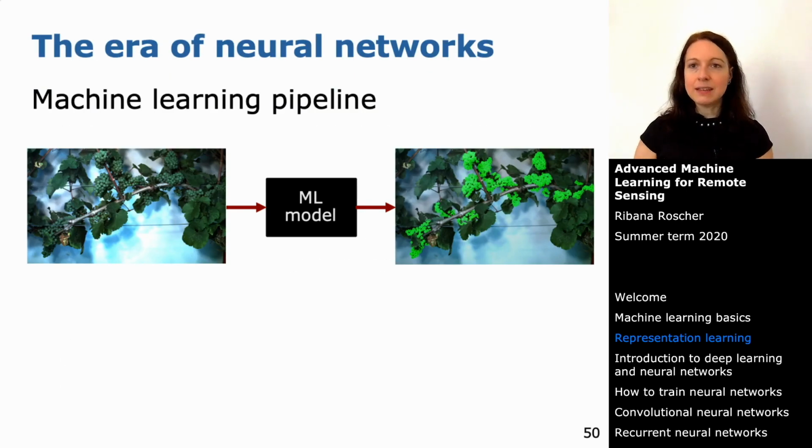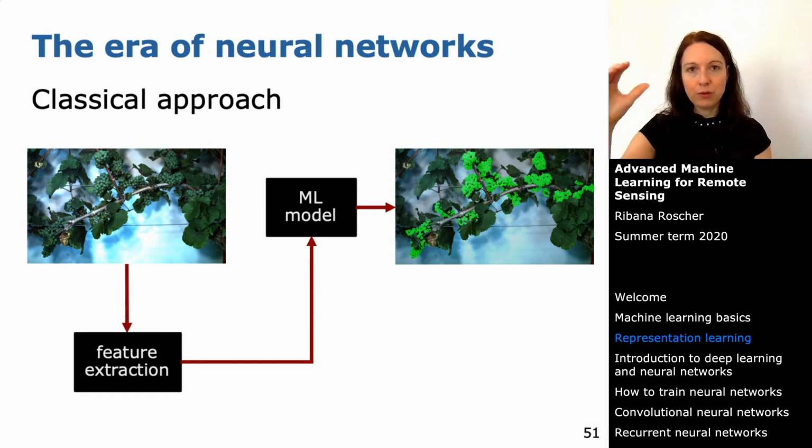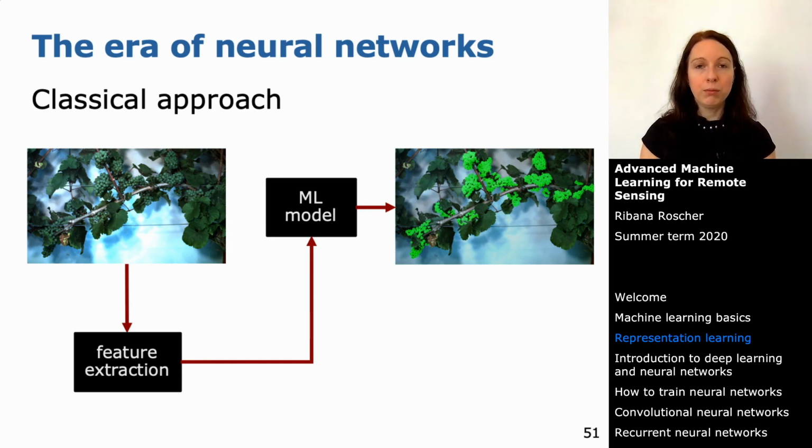So let's have a look at the machine learning pipeline again. You have input data. The input data is fed into a machine learning model, and then you get a desired output. You can use it for classification, regression, in whatever way you design your machine learning model. If you have a more detailed look at it, the classical approach is, first of all, you have your data, then you extract some features you think are suitable for the task.